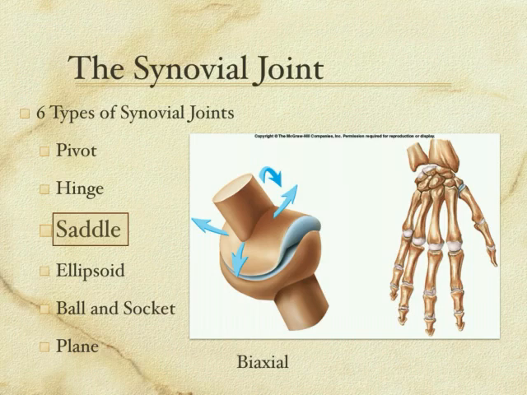And if you look at the shape of the bone here, if you pulled those two apart that you see in the picture, you would see that each bone has the shape of a Western riding saddle, the part of the saddle that you would sit on.